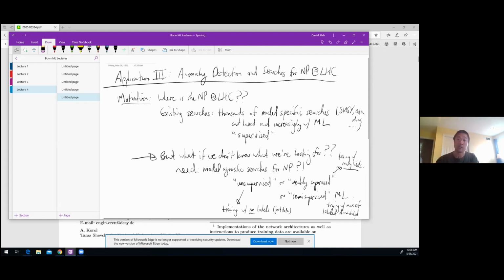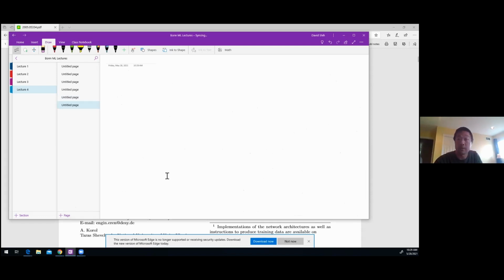You hope that, even if the simulations are biased or just model specific, you learn something about the difference between background and signal, and then you apply it to the real data and see what you find. So that's semi-supervised. These are all things that are actively being explored right now, and there are lots of ideas out there. I'm not going to be able to review all of them, but I'll give you a couple of examples of some things that are being tried.